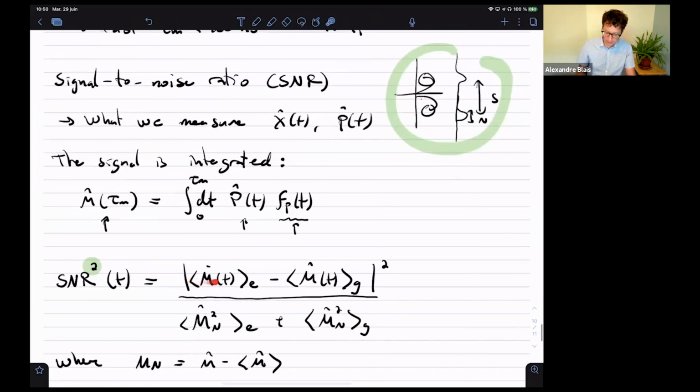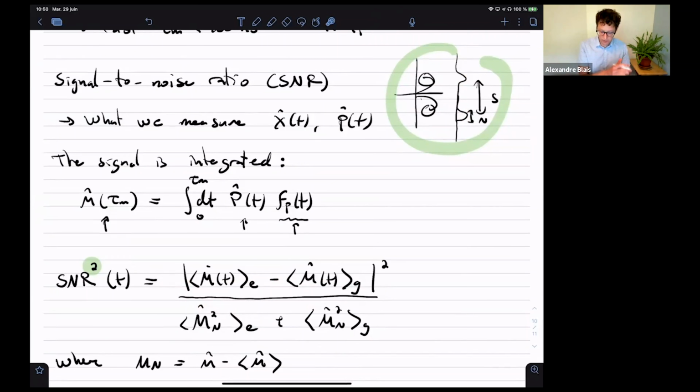So what you see is a separation between the two marginals, and I'm accounting for the noise of these two marginals. This is the definition that we use in the RMP review.